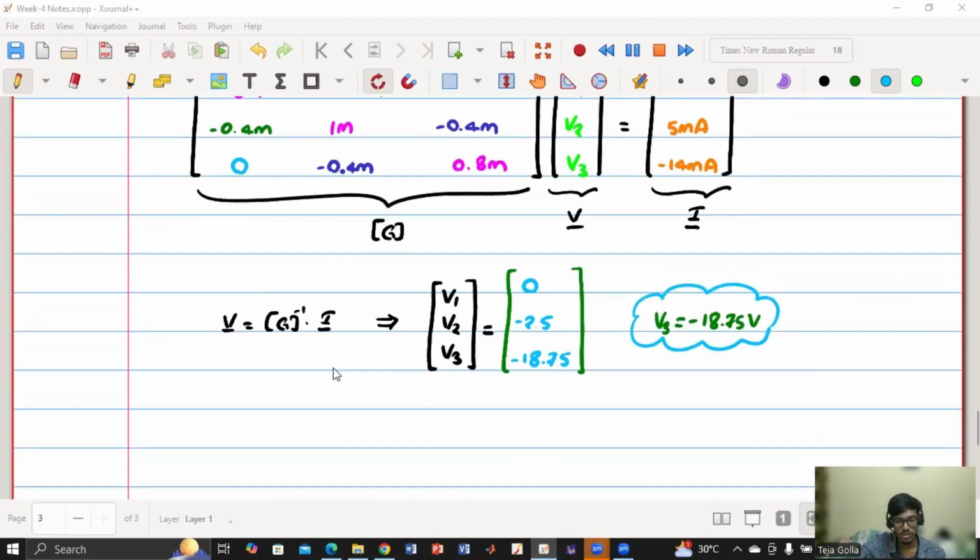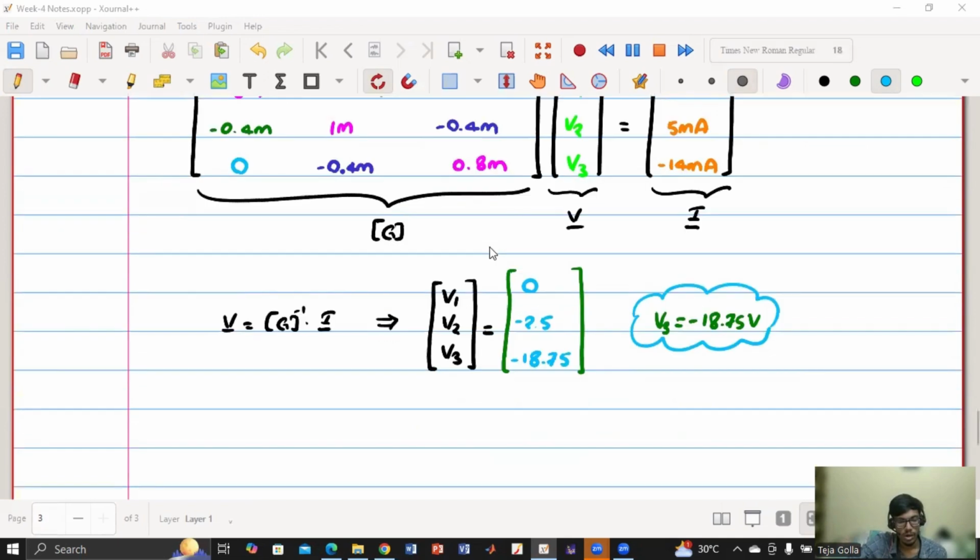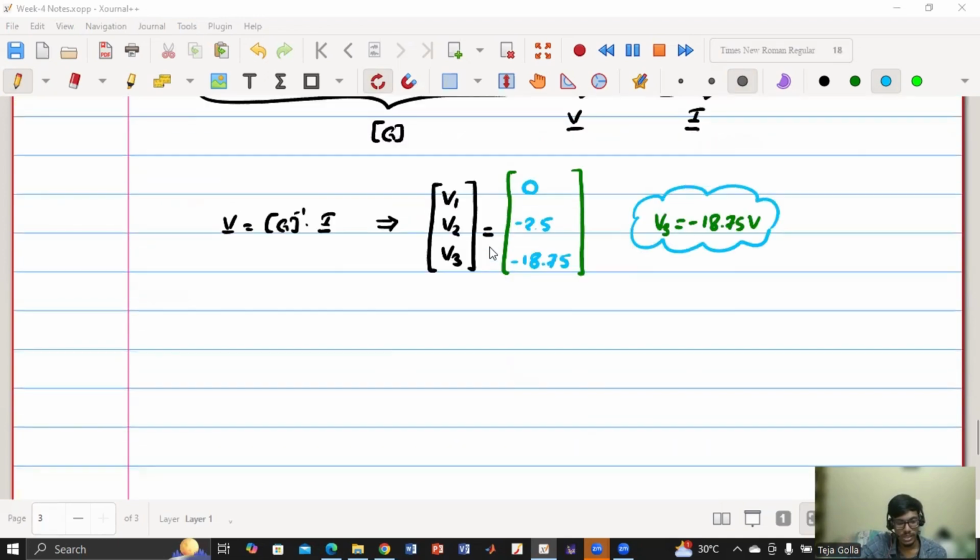This inverse I am not showing because it is easy, and I believe that you can do it. So forget about this part, but until this part, how to get the matrix, is it clear, or do you still have any further queries? Clear, sir.